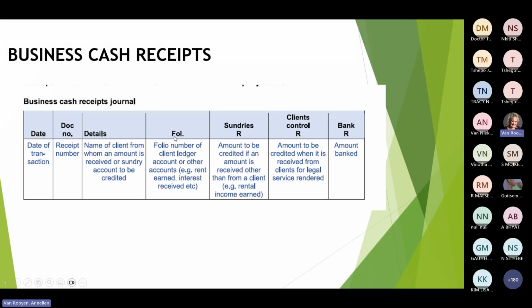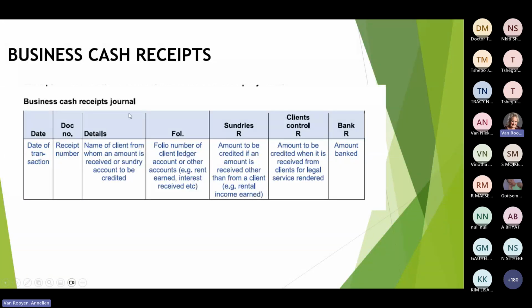Now the folio number, this is the debit side. So the folio number is what account are you going to credit? So like explanation, rent earned, you will debit the bank, you will credit rent earned, and the folio is your general ledger account number. We'll get to that next week.